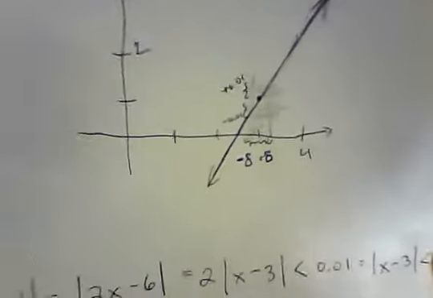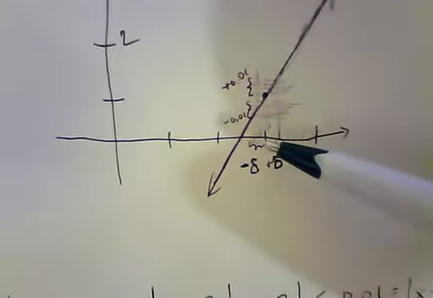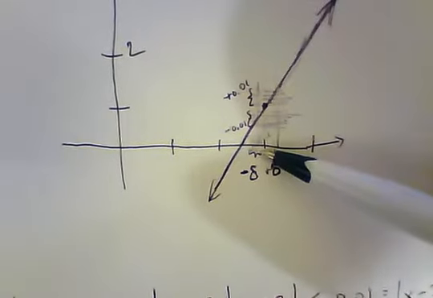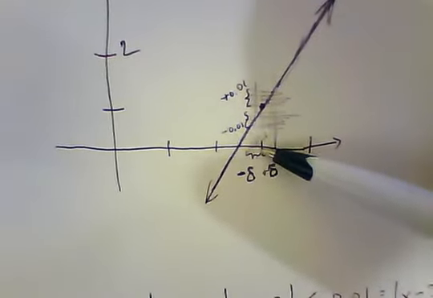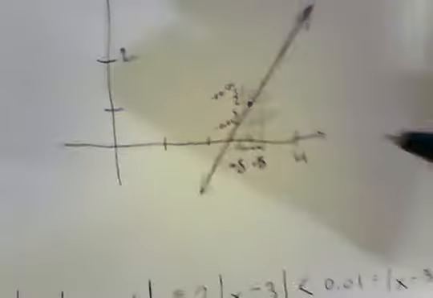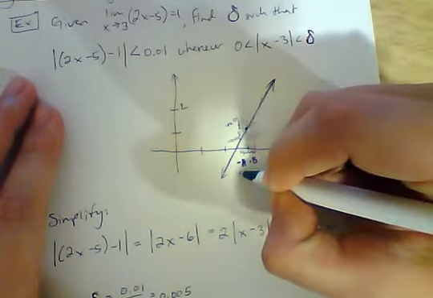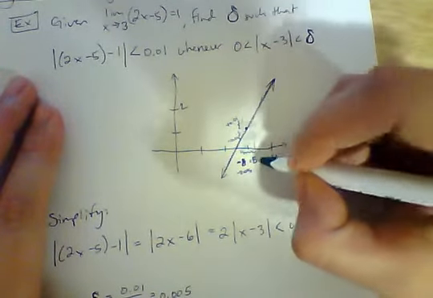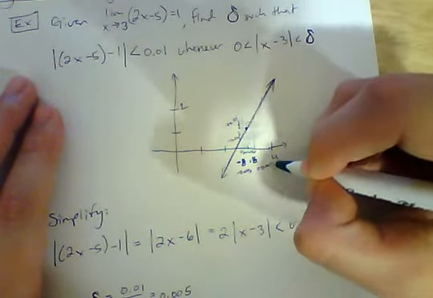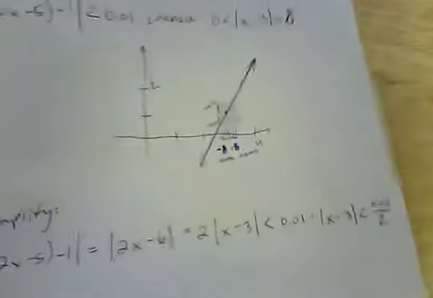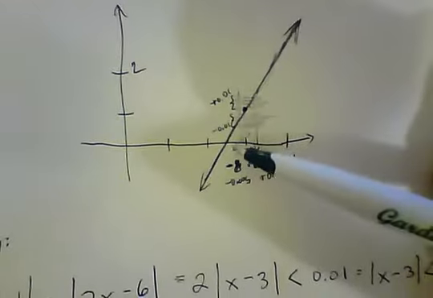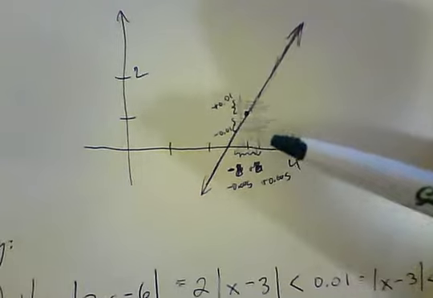It's also important to note that it could be 0.005 or smaller. So say that we filled this in, right? We'll fill in the values negative 0.005 and plus 0.005 from C. If we went further in, we'd still be okay.